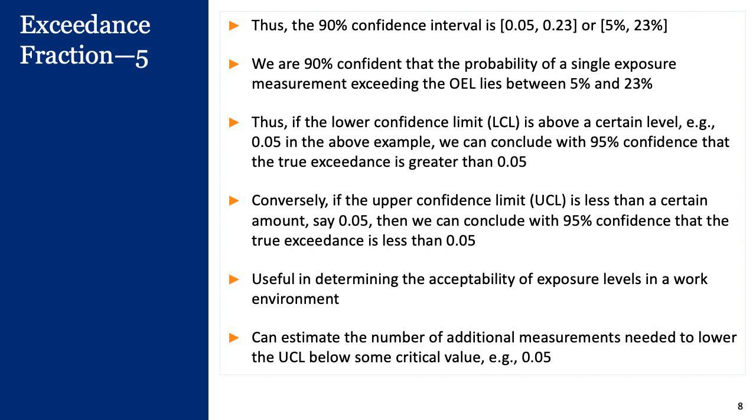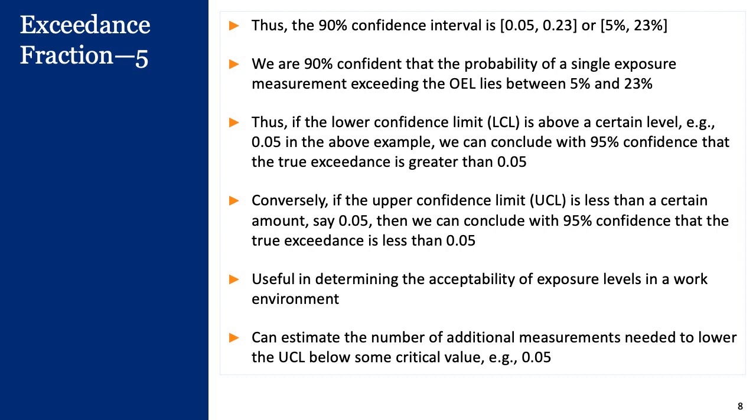But if I just want to make a statement about the exceedance fraction above a certain value, we use the 95% confidence value. So we can say, for example, that we can conclude with 95% confidence that the true exceedance is greater than 5%. Conversely, if the upper confidence limit is less than a certain amount, say 5%, then we can conclude with 95% confidence that the true exceedance is less than 5%.